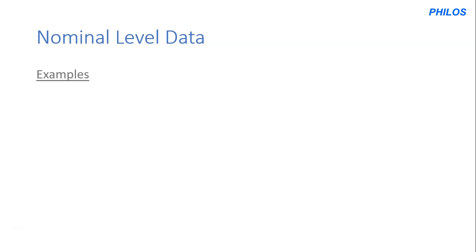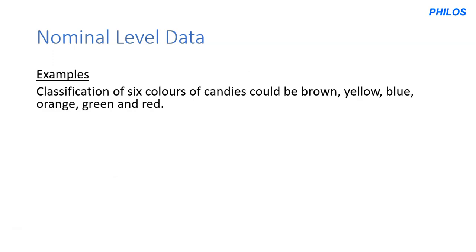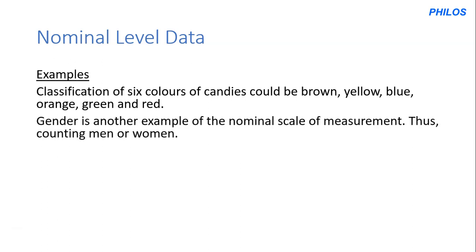So some examples of the nominal scale include classification of six colors of candies, let's say brown, yellow, blue, orange, green, and red. All the candies are the same, just that their colors are different. Gender is another example of a nominal scale of measurement.